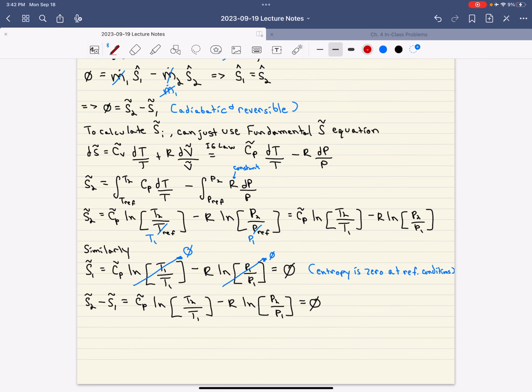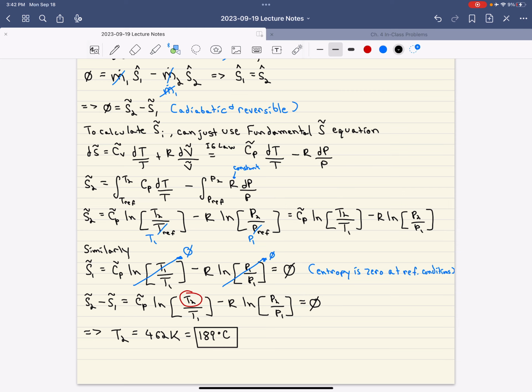And so in our statement, we know everything except for T2. Now, unlike the energy balance where we had 2 unknowns and 1 equation, now we have 1 equation and 1 unknown. So this allows us to solve for that T2, which is about 189 degrees Celsius.